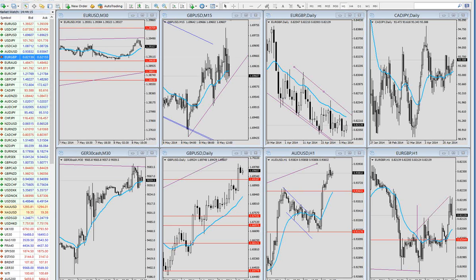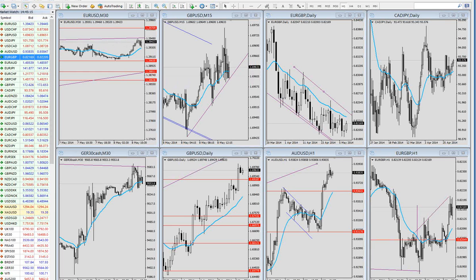Let's see what's going to happen. Euro is more or less stable, around 39.40.